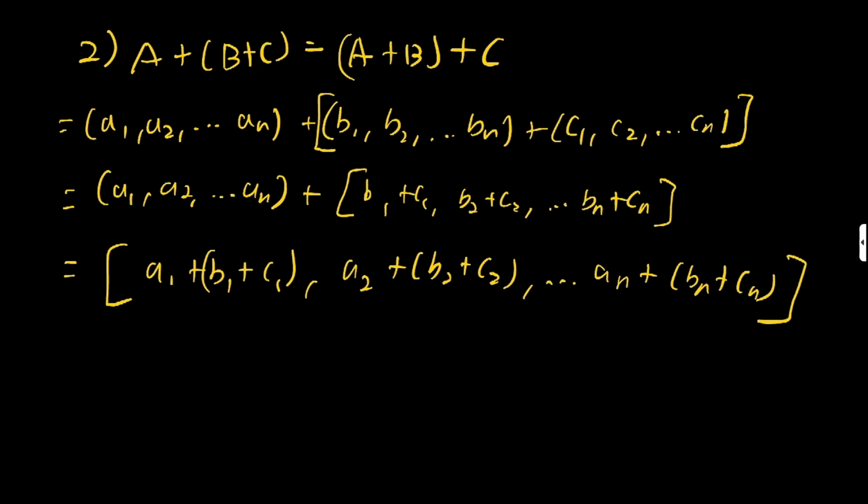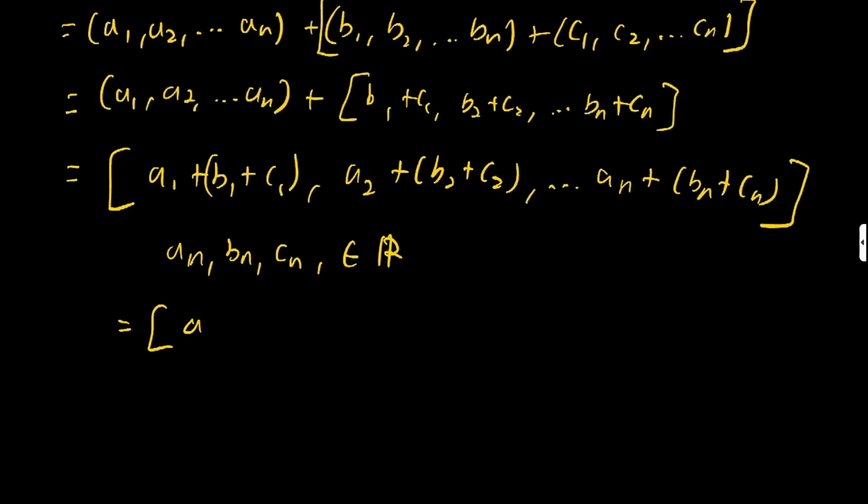This is all a coordinate sequence of n-tuple sequences of real numbers. Now, once again, we're going to use the fact that A sub n, B sub n, and C sub n are all part of the real numbers, which are associative. So it simply follows that we can just rewrite this ordered pair as simply A1 plus B1 plus C1, like this.